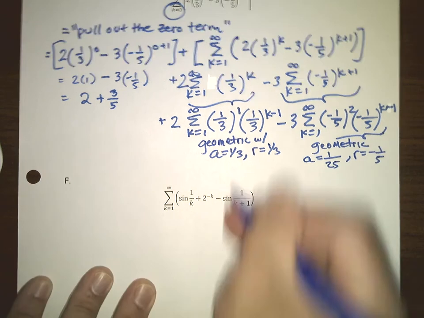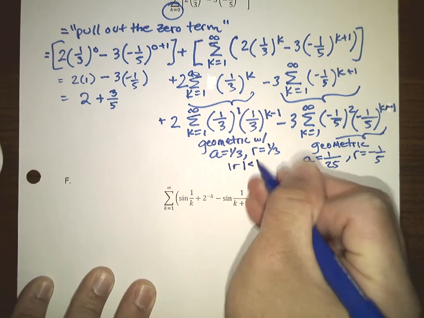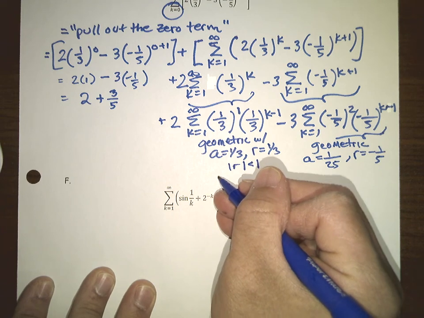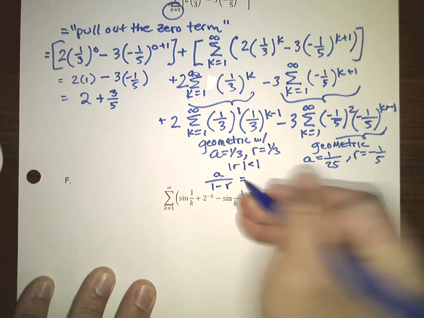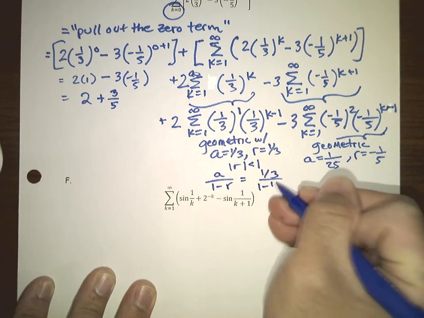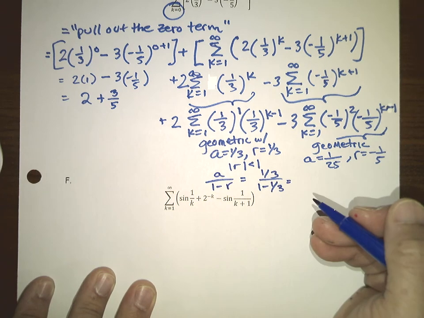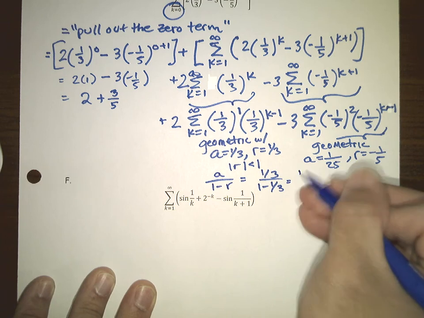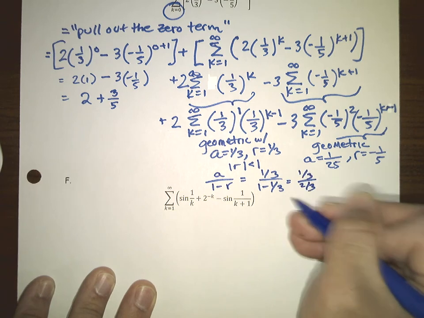Here, the absolute value of r is less than 1, so the sum is a over 1 minus r. So 1/3 over 1 minus 1/3. That ends up being 1/3 over 2/3, so a half.